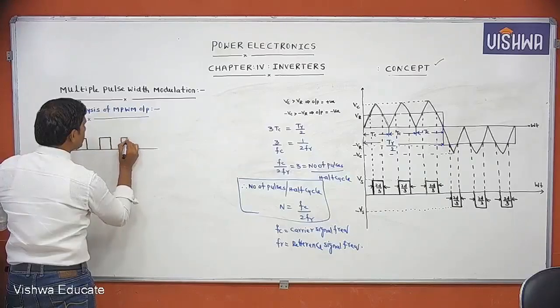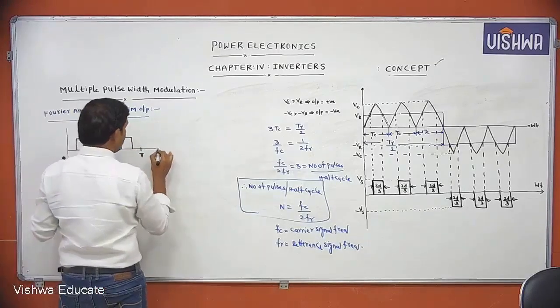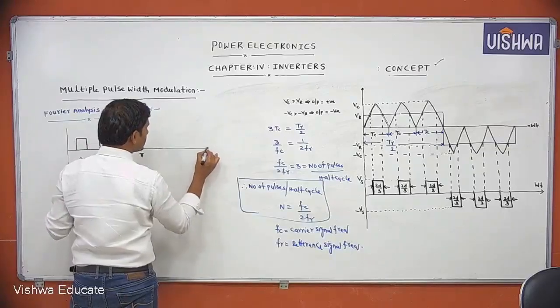Let this be pi. In the other half cycle also there are 3 pulses.